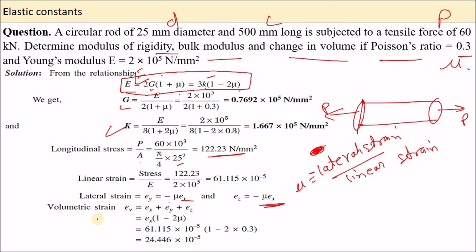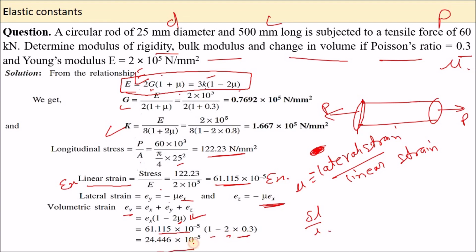From that we will find the volumetric strain, because volumetric strain epsilon V equals the strain in all three directions: epsilon X plus epsilon Y plus epsilon Z. But here epsilon X is common for all three. If you put the value of mu and epsilon X, already calculated, linear strain, stress divided by E, already calculated, this epsilon X, put the epsilon X value here with 1 minus 2 mu.